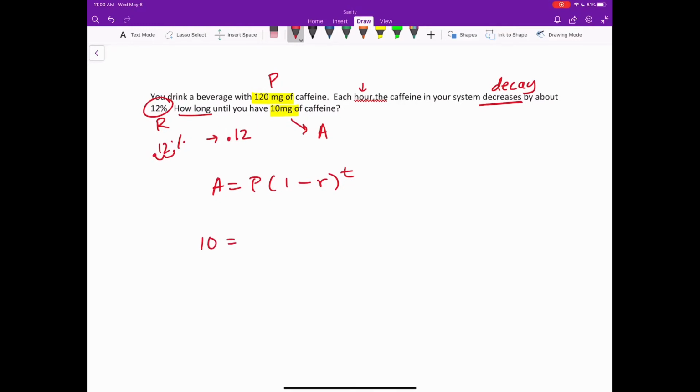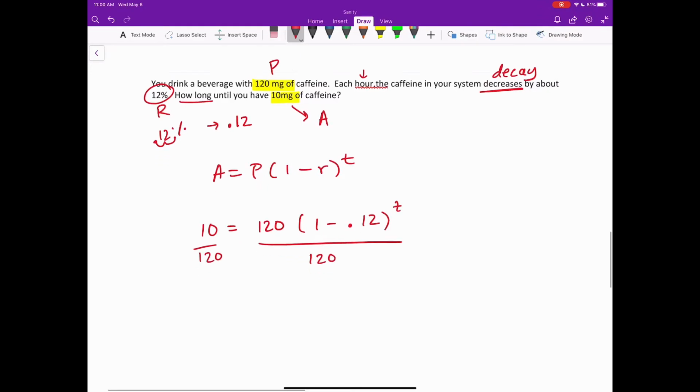I know after some amount of time we should have 10 milligrams left in our system. Our starting is 120, 1 minus our rate of 0.12, raised to the power of t, what we want to solve for. So again, first step first, I'm just going to divide by 120 on both sides.